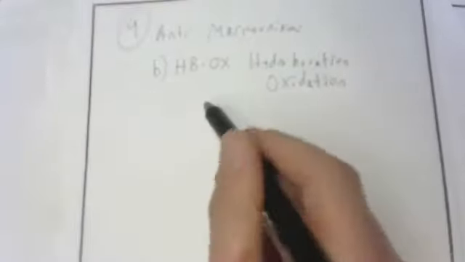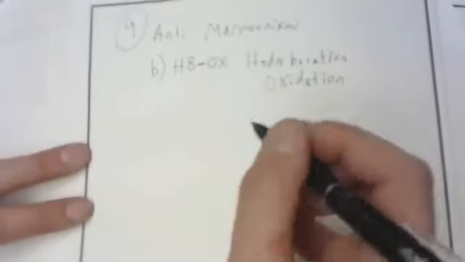Okay, what's analogous to OMDM? Because OMDM made a Markovnikov ketone, right? Anti-Markovnikov, the analogous four-letter thing was HBOX. Hydroboration oxidation. So that's the anti-Markovnikov version of this, and it's analogous to alkene stuff.